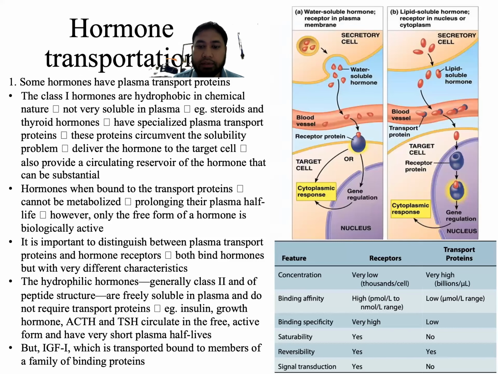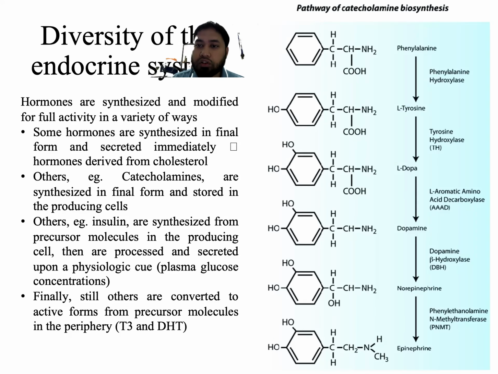So we call it a tyrosine derivative. You can also call them phenylalanine derivatives, but the most accurate one is the tyrosine derivative, because phenylalanine can also be converted into another form of hormones.